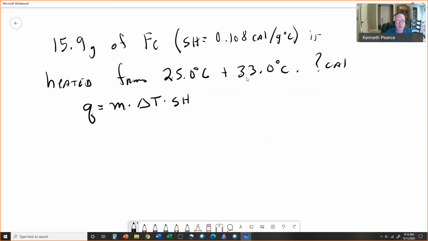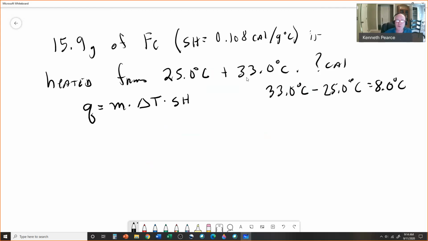We do. It's 15.9 grams. Do we have the change in temperature? Not yet, but we can calculate that, and that's 33.0 degrees Celsius minus 25.0 degrees Celsius, which is 8.0 degrees Celsius. So that's the change in temperature.